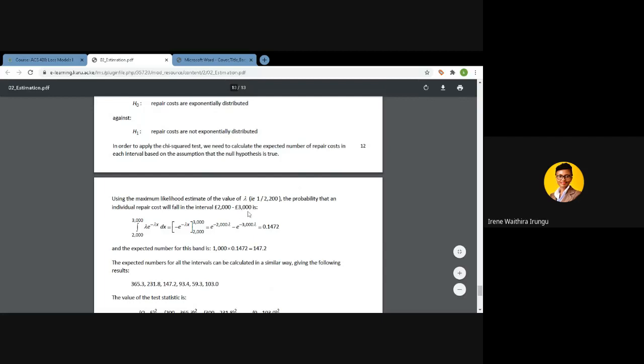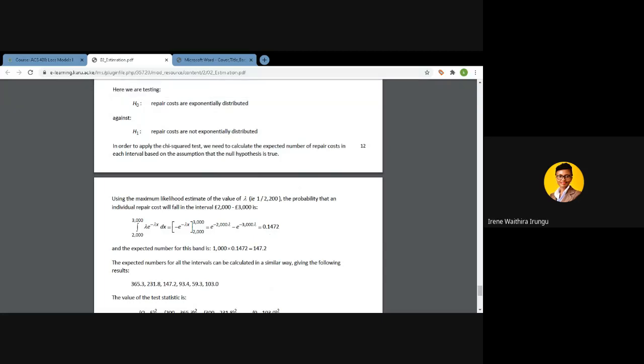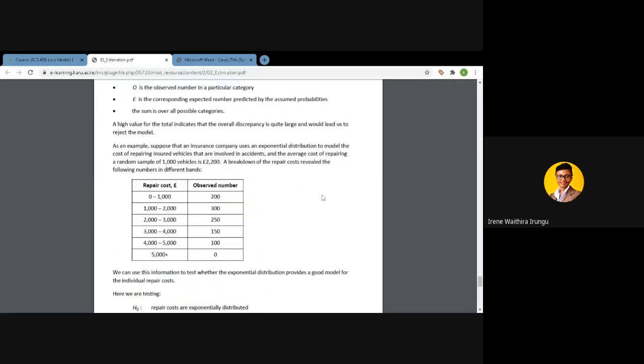It simply means you take the probability of an individual repair cost appearing in that interval and multiply it with the sample. So this becomes 147.2. This will now correspond to the expected number for this particular category. So it will fall here.